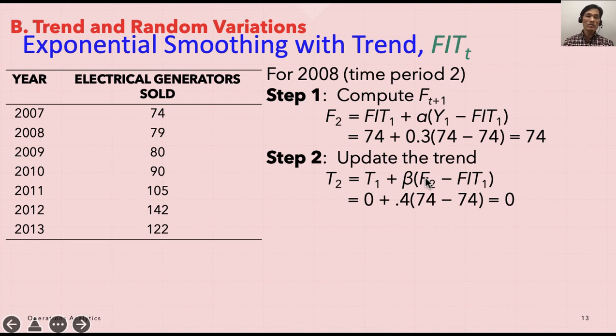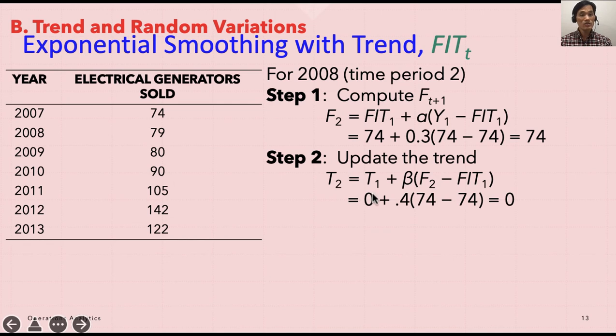And then we go to step two. We need to update the trend. And we learned the formula is T2 equals T1 plus beta times (F2 minus FIT1). FIT1 is given as 74, so we don't have to struggle with it, and we can just plug them into this formula.